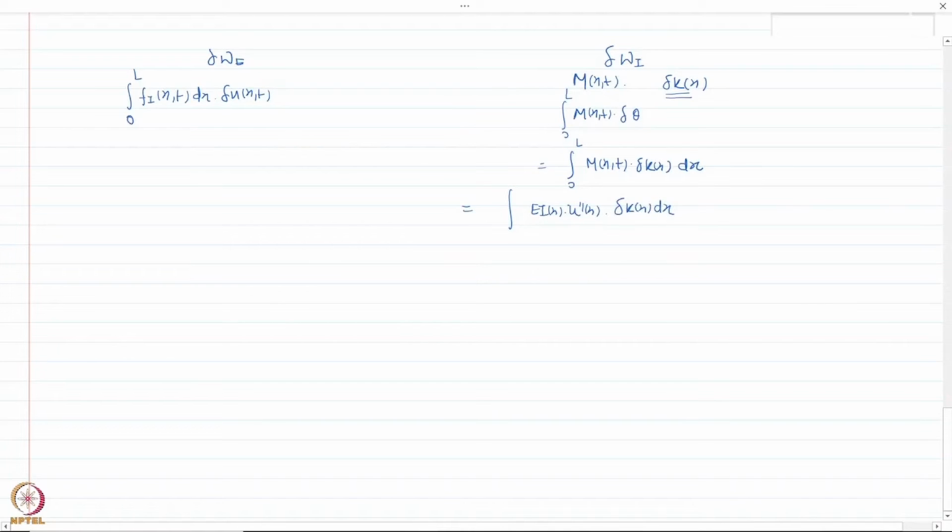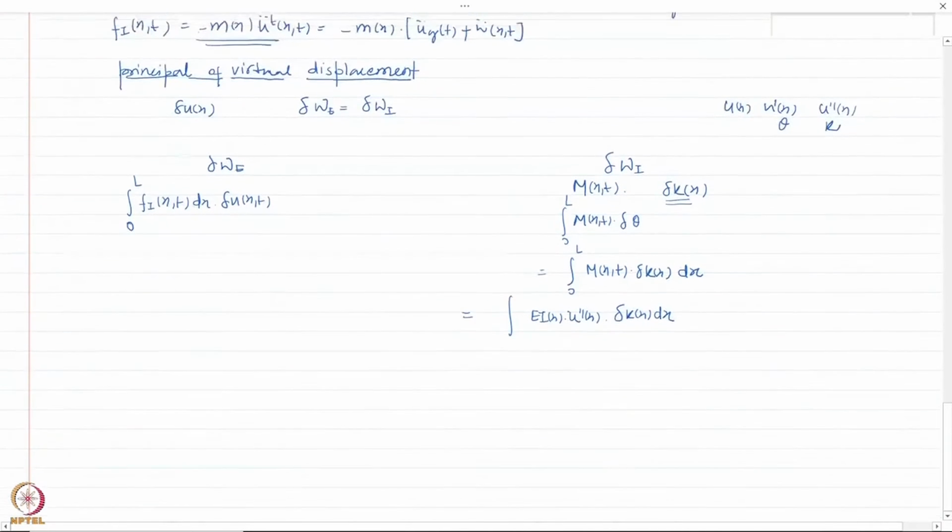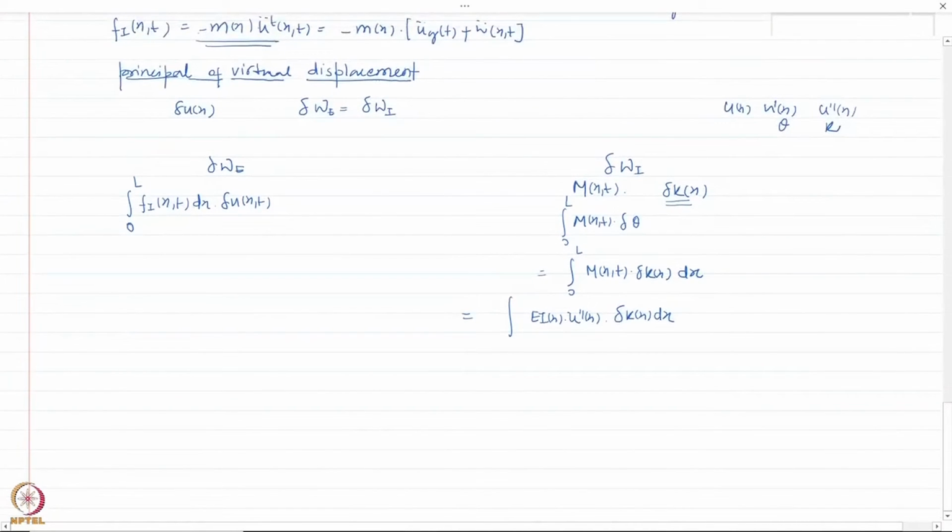Now before going further, let me point out that if I consider u of x to be phi of x times z of t, then u double dash of x would be phi double dash of x times z of t, and u double dot of t would be phi of x times z double dot of t.